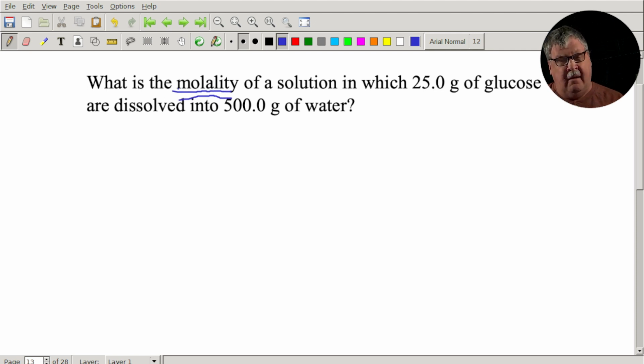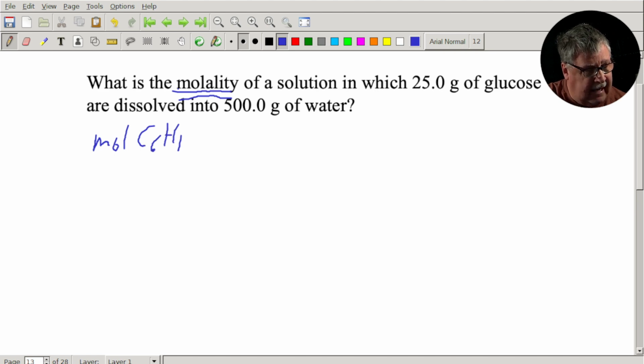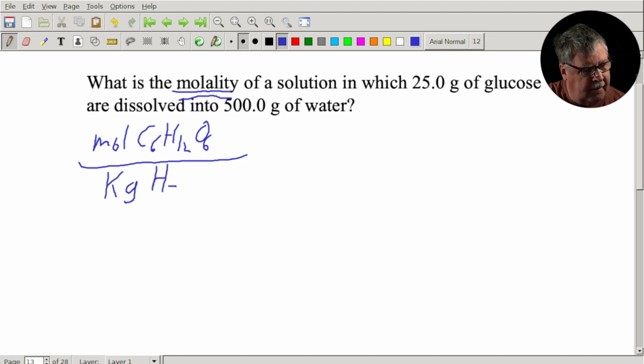And so, again, the definition that we're looking for here is this: how many moles of glucose, which has the chemical formula C6H12O6, are there per kilogram of solvent, which is water in this case.